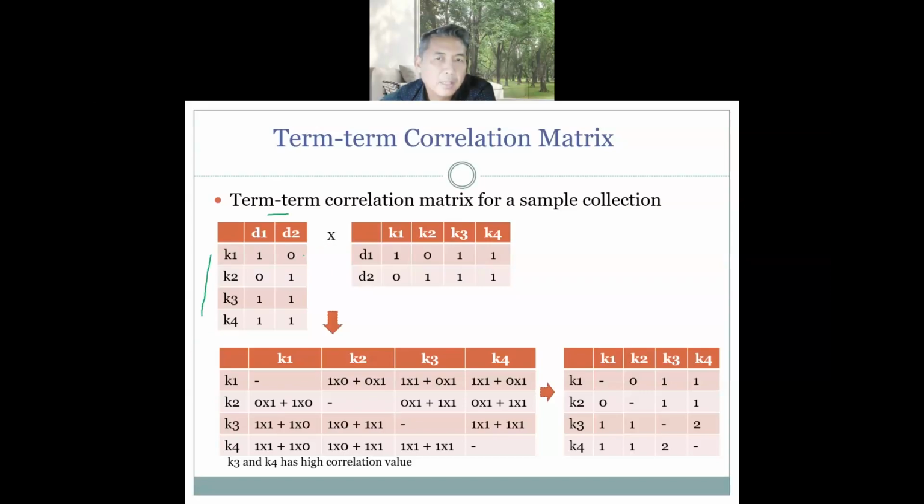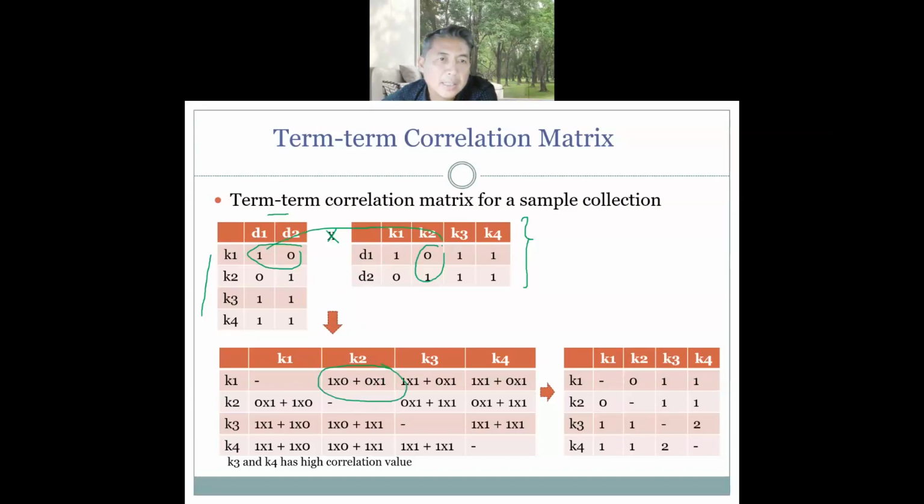And then I transpose this to become the transpose of that matrix, and then I multiply them. So this one multiply with this. For that one, I don't have to do it because this is K1 and K1. And let's do the second part. Okay, so I multiply that one. So this is what you get here.